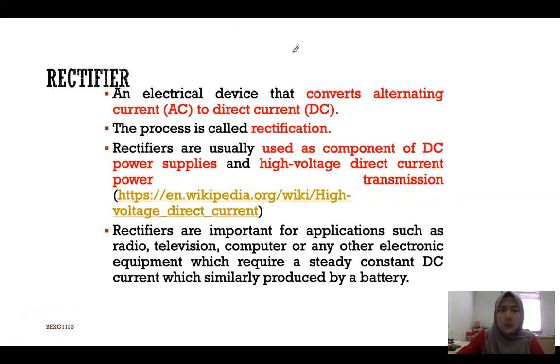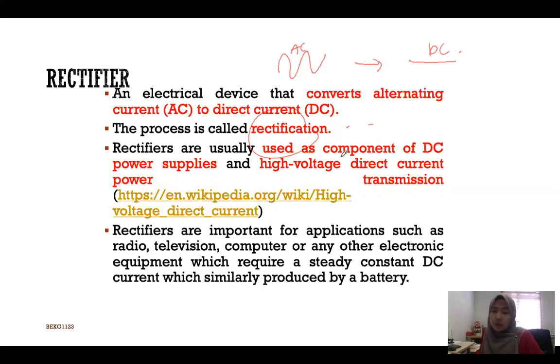You know that AC looks like this, while DC is a straight line. The function of a rectifier is to convert AC to DC. The process of converting AC to DC is what we call rectification. Rectifiers are used as a component of DC supplies and in high voltage direct current power transmission.